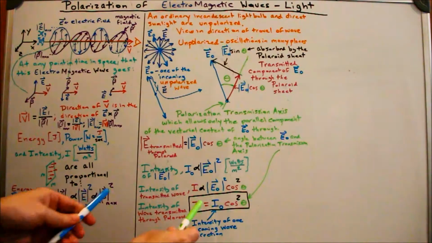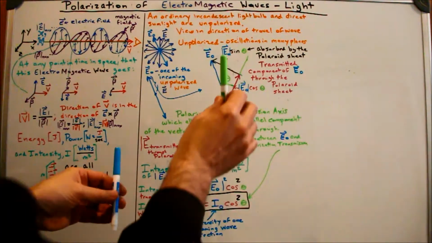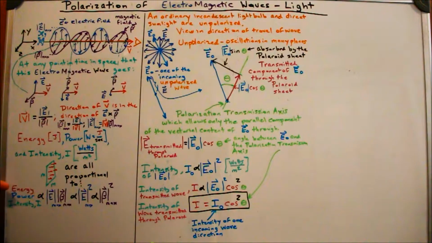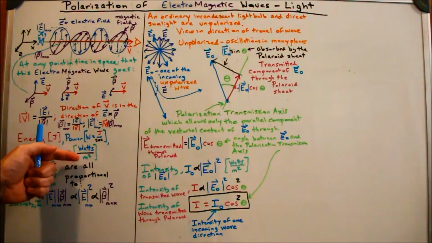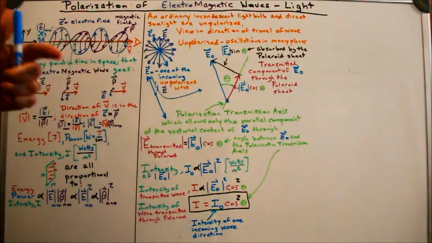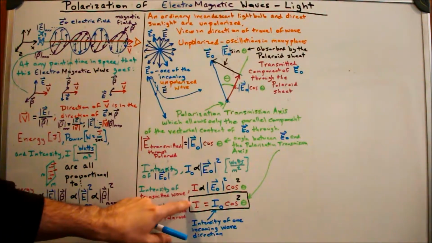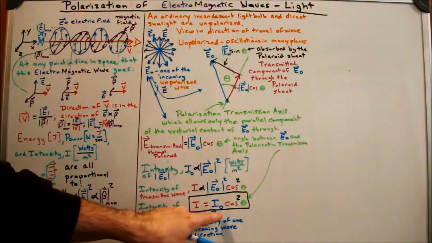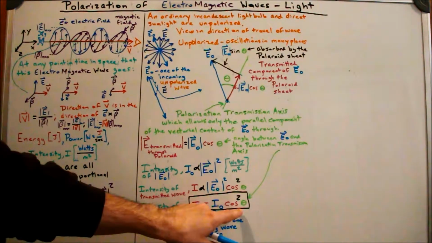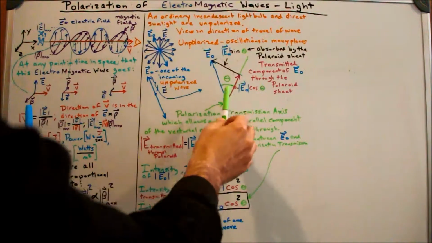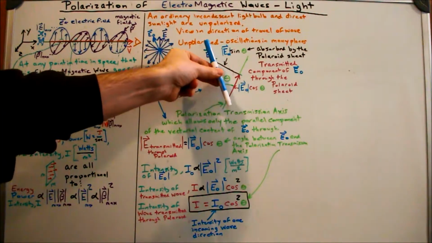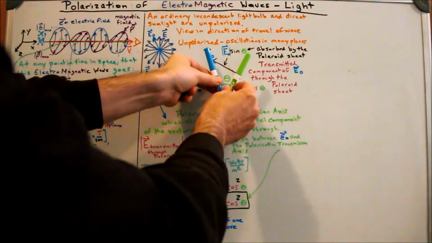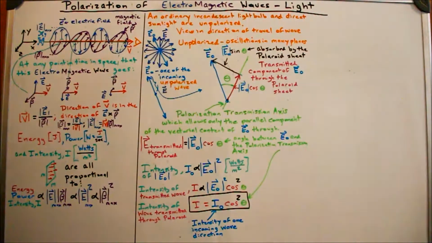And so therefore I take the ratio of what gets transmitted, the intensity, the power per unit area, which is perpendicular to the direction of travel. So that intensity which gets transmitted is the original intensity times the cosine squared of this differential angle between this incoming electric field and the polarization axis.